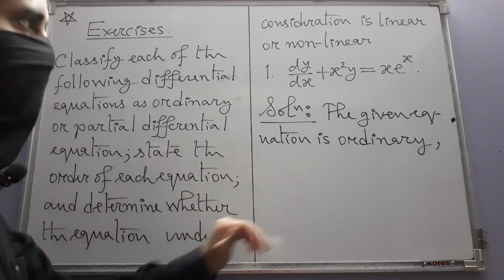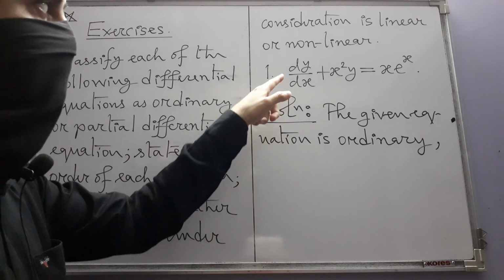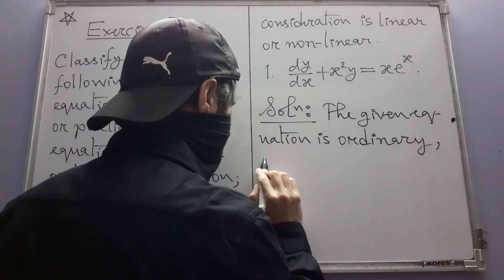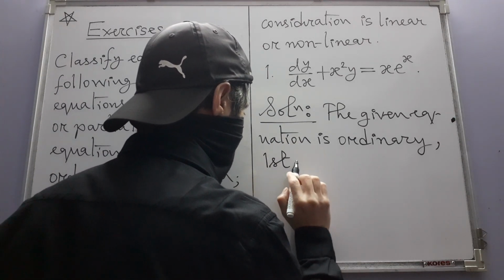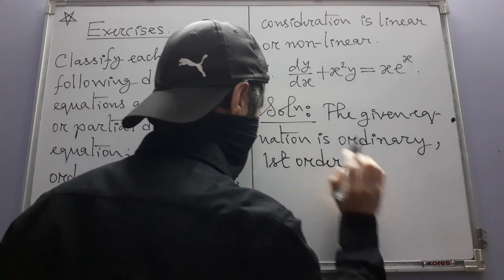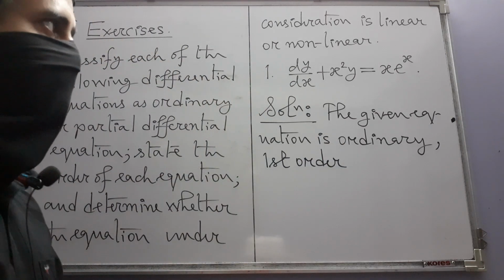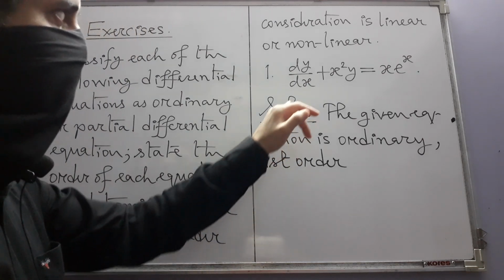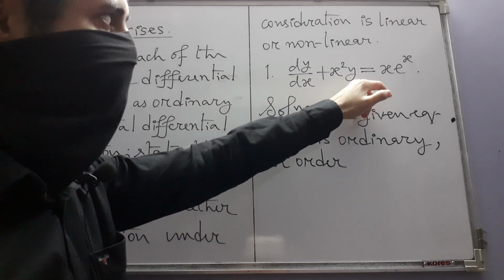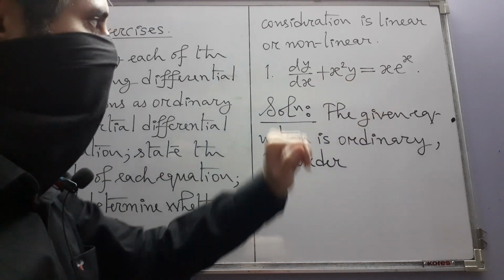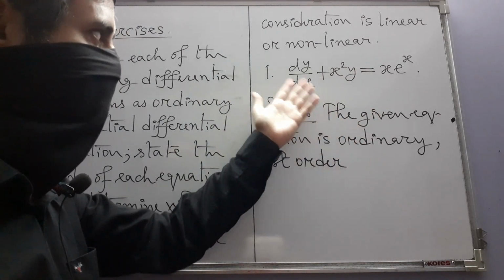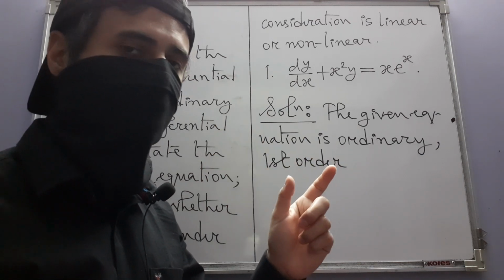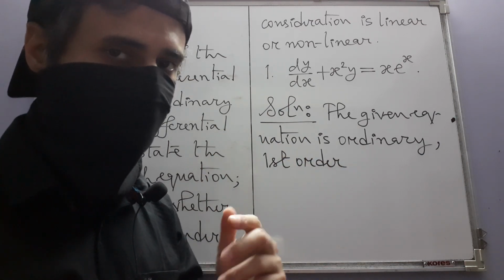Then what is the order of this equation? The highest order derivative present here is the first derivative. First order. And is it linear? To see if it is linear, you have to see whether the unknown function, which is y of course here, and its derivatives, there is only one derivative, do not involve any higher powers than the first power.